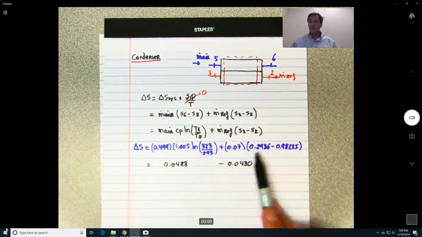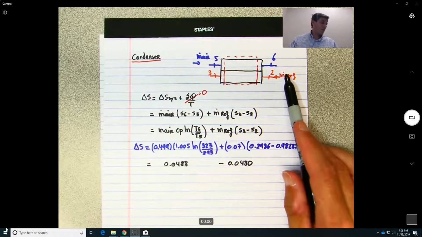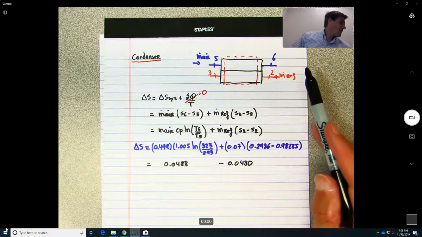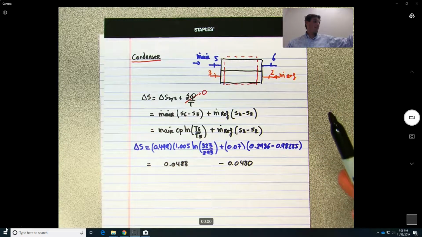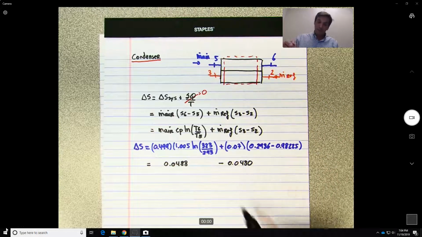That's why it's positive. The refrigerant is going from T2, which was equal to 75 degrees Celsius, to T3 of 78. So basically it's losing energy, so that's why it's negative.